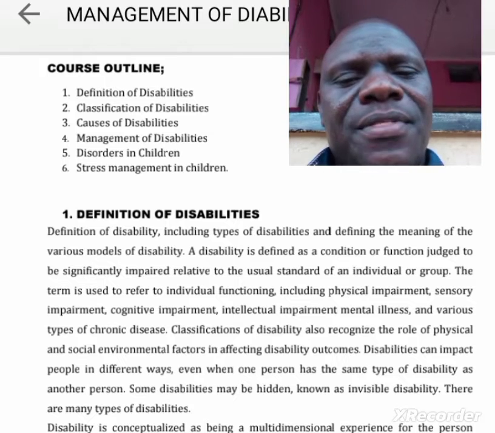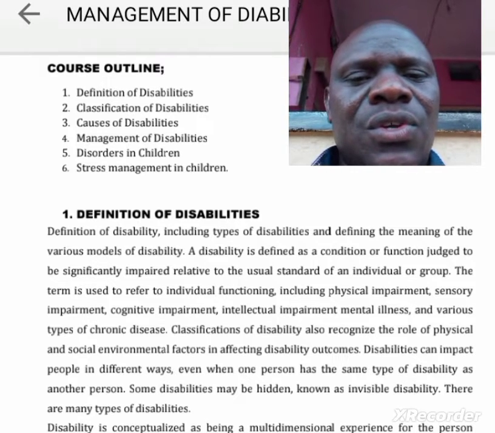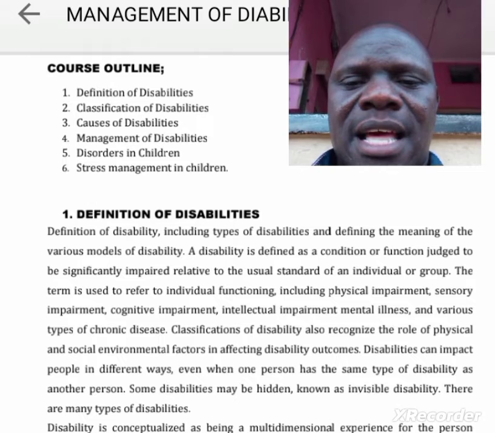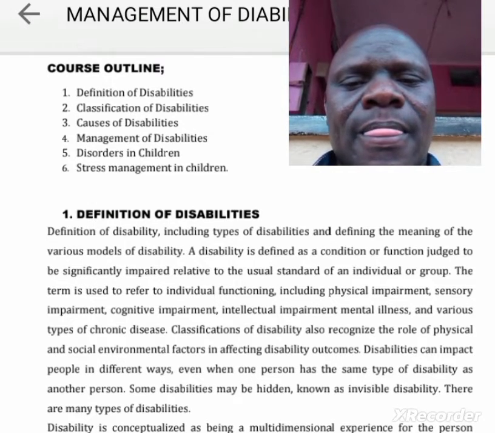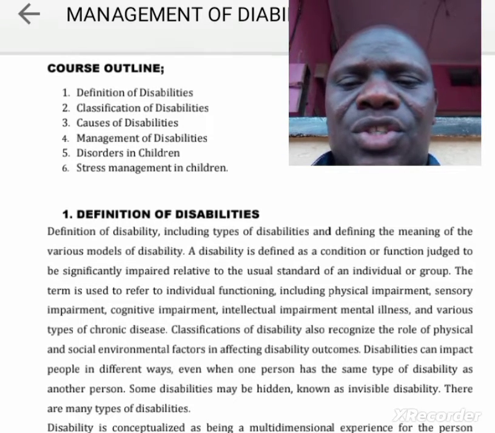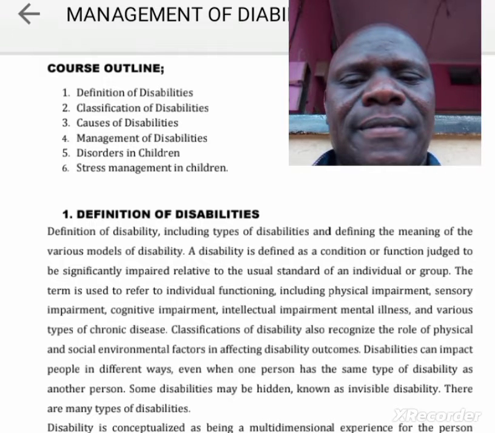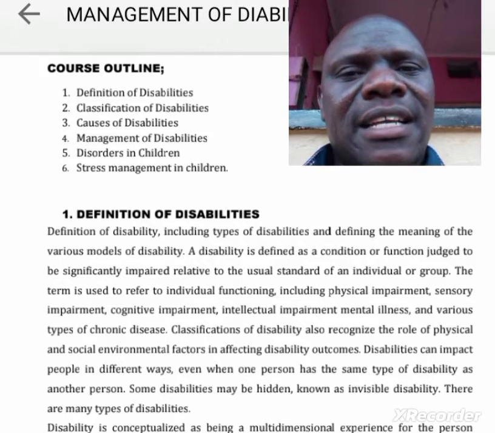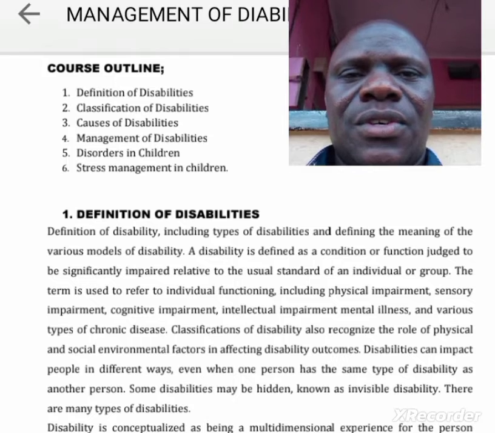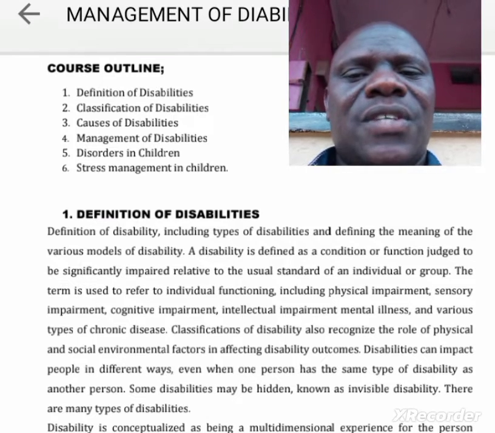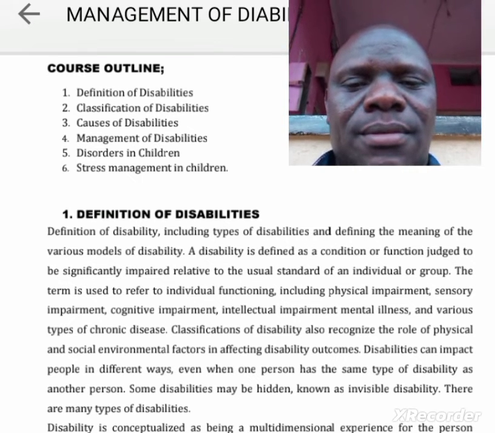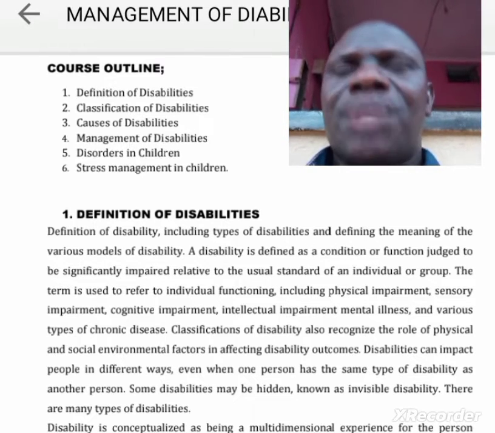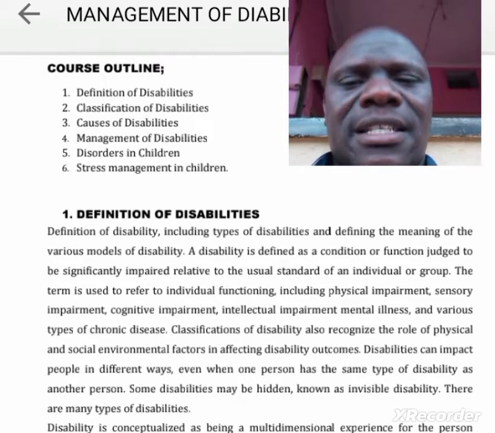Now, there are three dimensions of disabilities. One, the body structure and function. Two, the activity, that is the activity restriction. And three, participation, the ability to participate in a given activity.